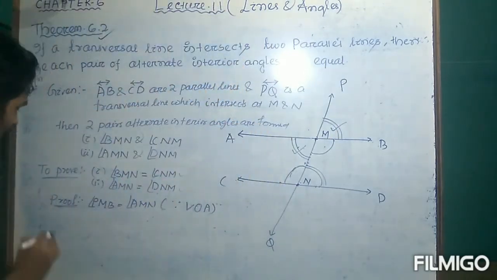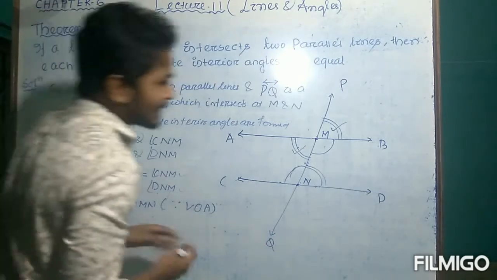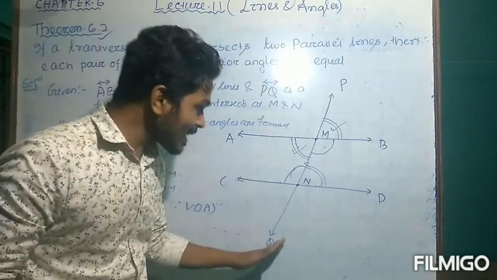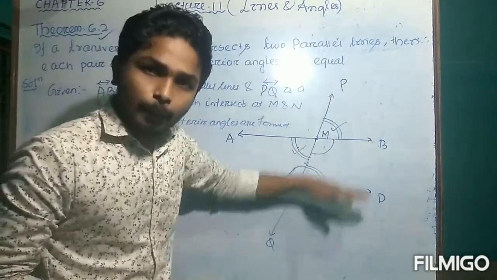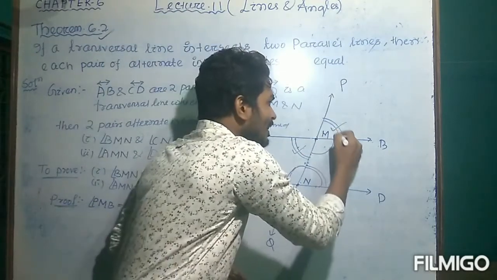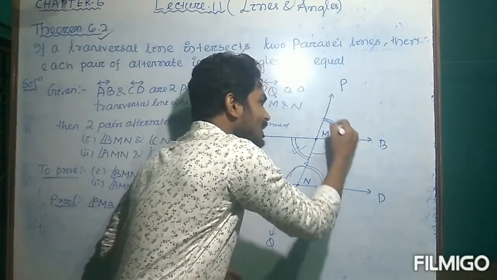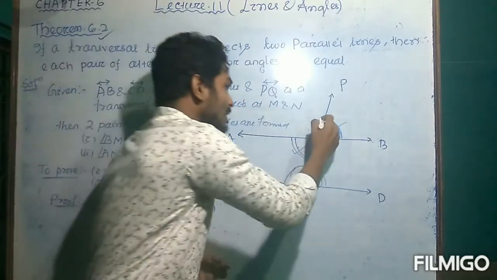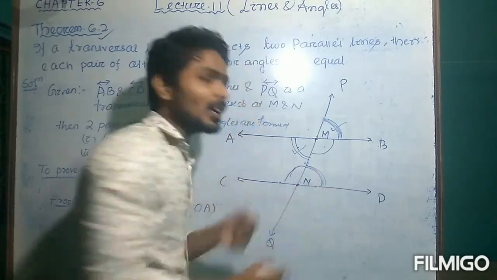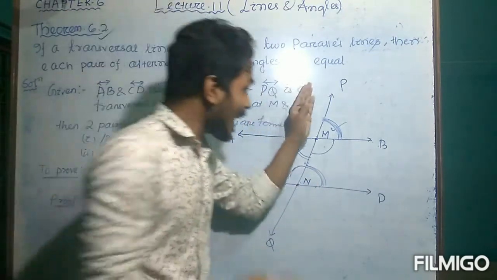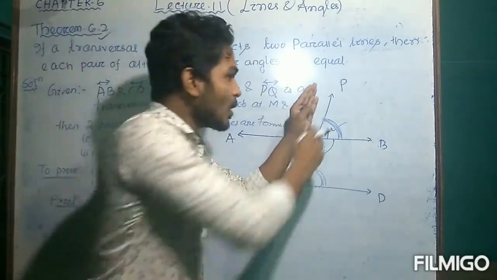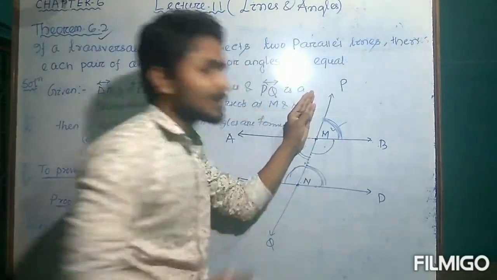Next, according to axiom 6.3, whenever a transversal line intersects two parallel lines, then corresponding angles are equal. So here, what is the corresponding angle of this angle? This angle and this angle are corresponding, yes, because they lie on the same side. They are not adjacent, and one lies towards the exterior and one towards the interior.